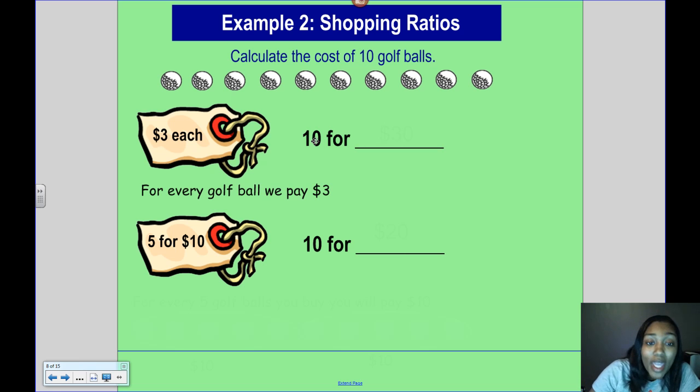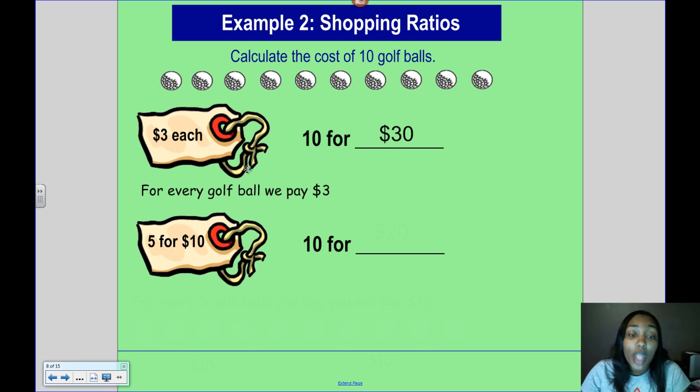Well, if we buy 10 golf balls, and we're paying $3 for every single one, then we would end up paying $30 for 10. So if we're paying $3 for 1, we're going to pay $30 for 10. And we would say that these are equivalent ratios. They're equal ratios.